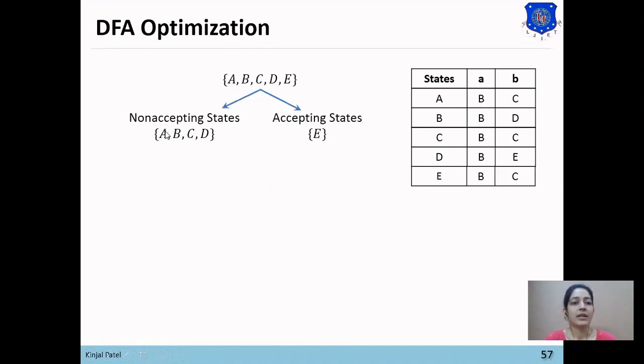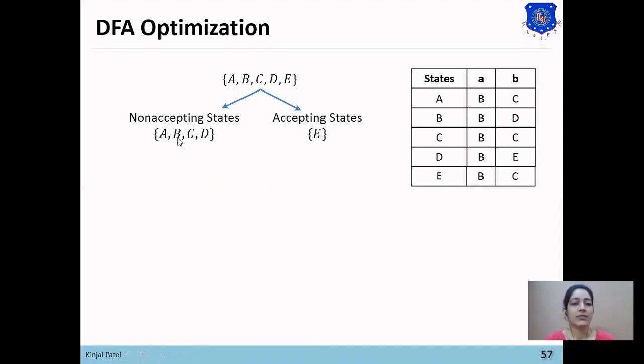So A will be in the same set. If A goes onto B and C, which are members of this set, then A will be in the same set. If A goes onto a state which is not a member of this set, then we will separate that state.